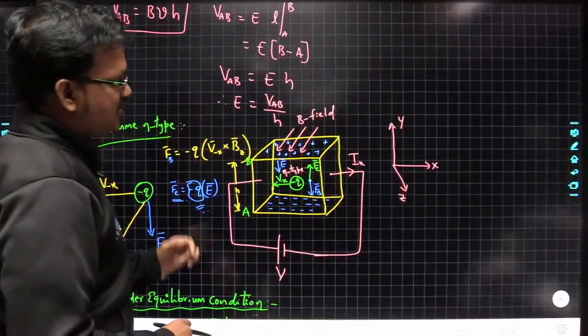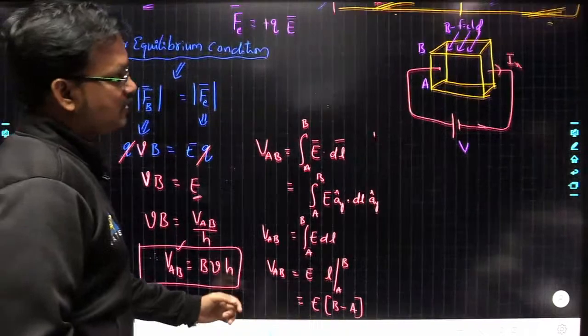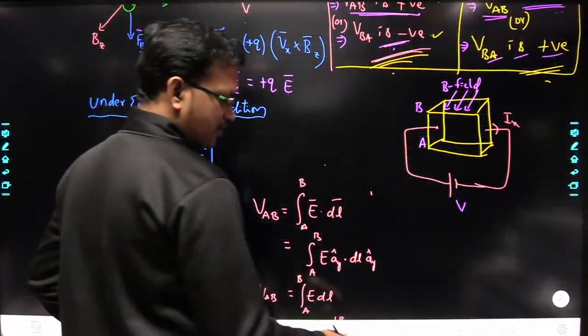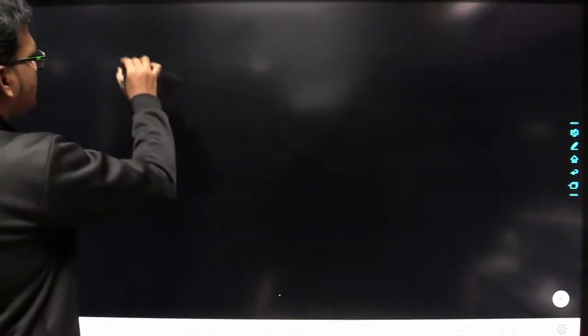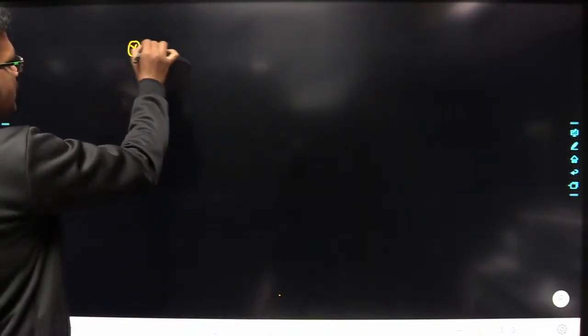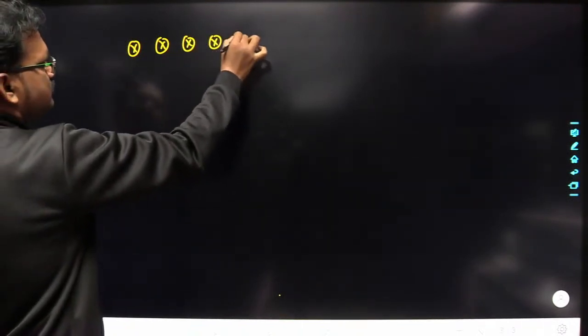So this is the application of the Lorentz force equation, which is the Hall effect. Next, here I am giving a B field. Let us assume the B field is pointing into the board.